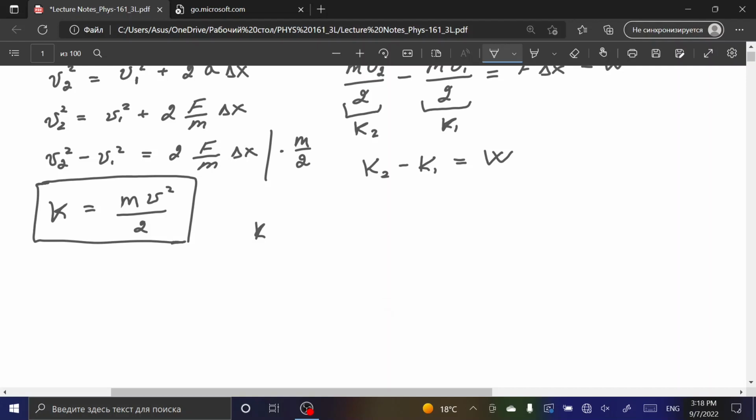So we can write in that case that k2 minus k1 should be equal to the integral from position x1 to position x2 of f as a function of x dx. So this is how we deal with the kinetic energy mechanical work relationship when force is a function of position, meaning it does not remain constant.